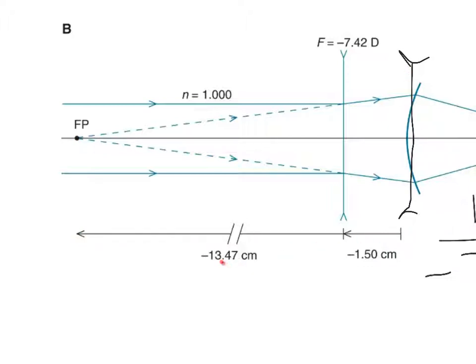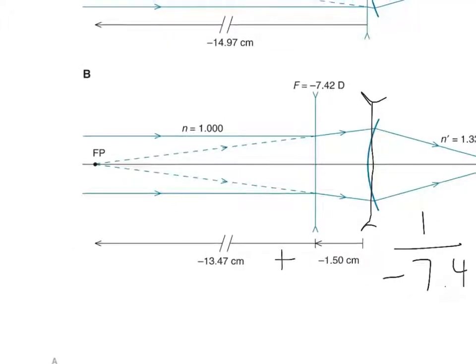Just add this plus this. The answer would be minus 14.97 centimeters, which is the total distance between the far point and the eye.